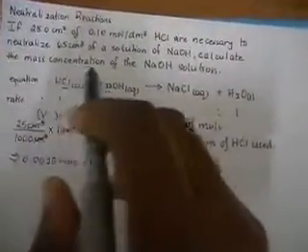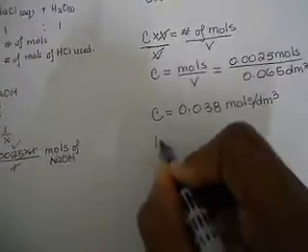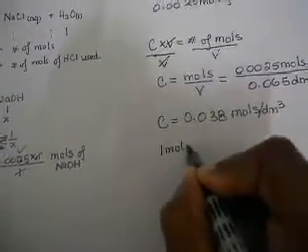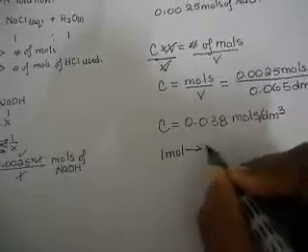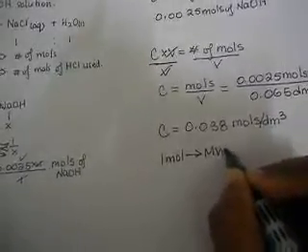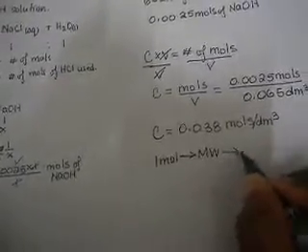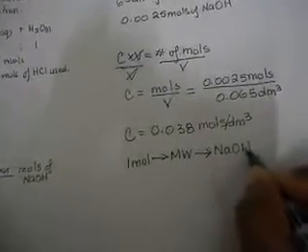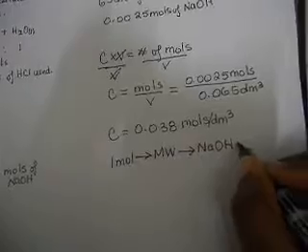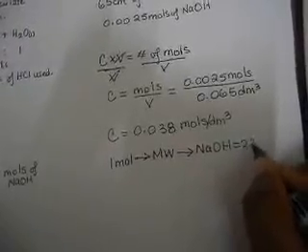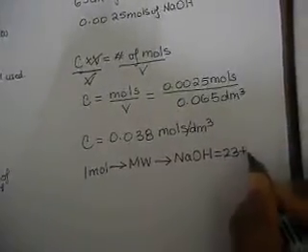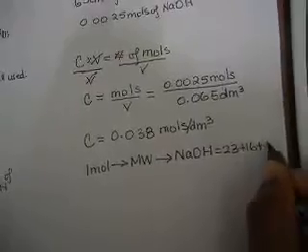However, we didn't finish. The question asks for mass concentration. So if 1 mole is equal to the molecular weight of anything, then 1 mole of NaOH would be its molecular weight, which is actually 23 plus 16 plus 1.